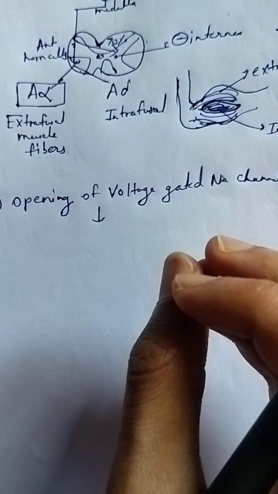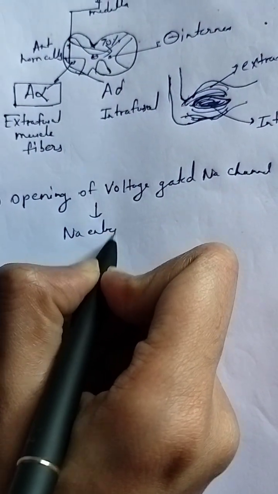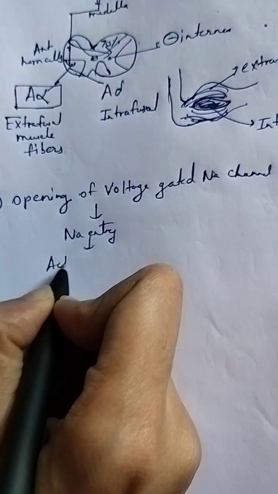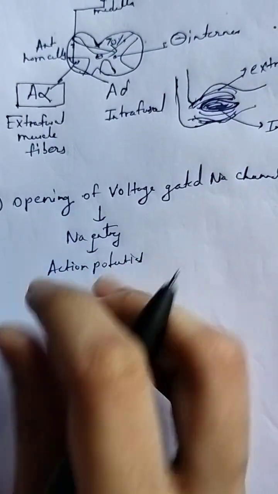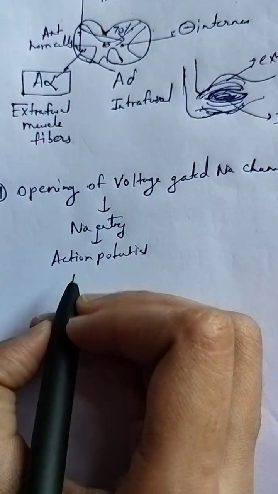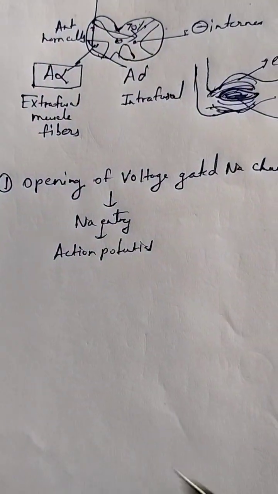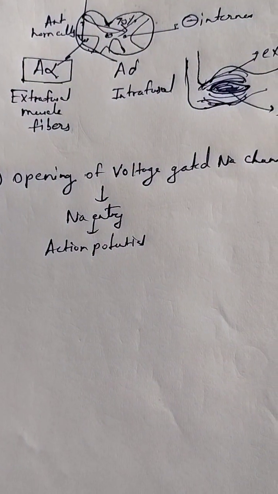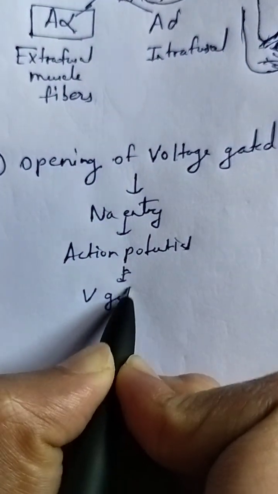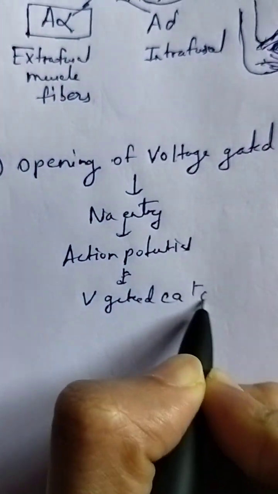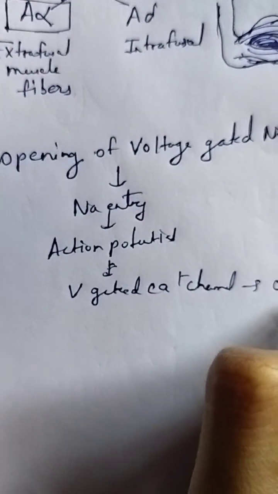If the voltage gated sodium channel opens, then entry of sodium occurs and an action potential generates. Then the voltage gated calcium channels also open and calcium entry occurs.